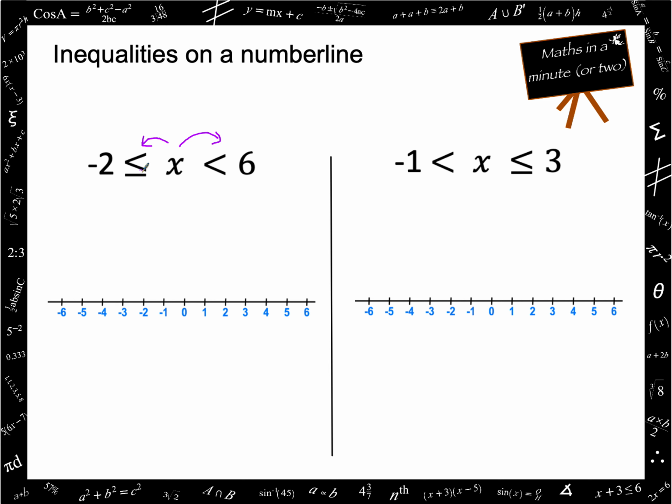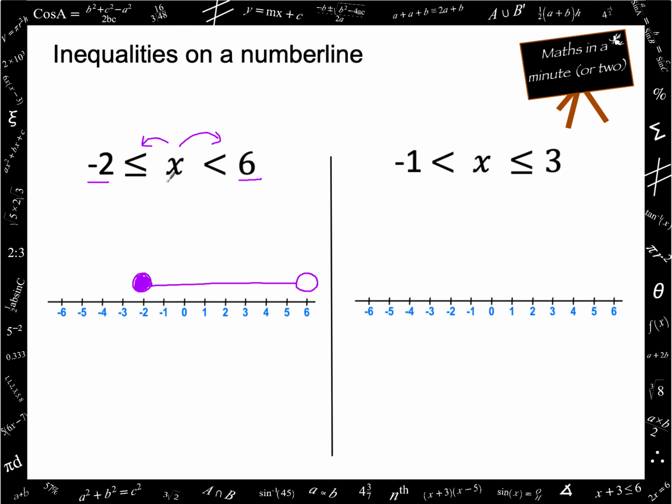In this case, the numbers we're interested in are -2 and 6. So we put our circle above the -2 and our circle above the 6. The circle next to the -2 has the line under it because it equals the -2, so this will be a filled circle, but the 6 will be an empty circle, and we simply join them up like a pair of dumbbells really.